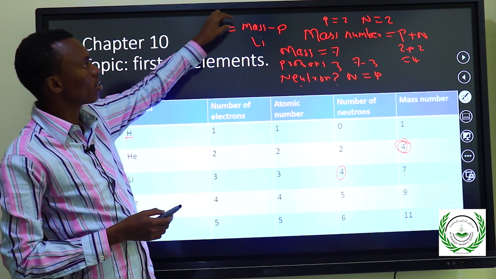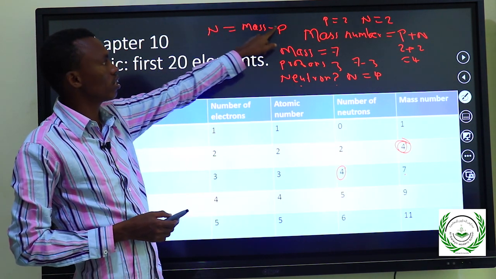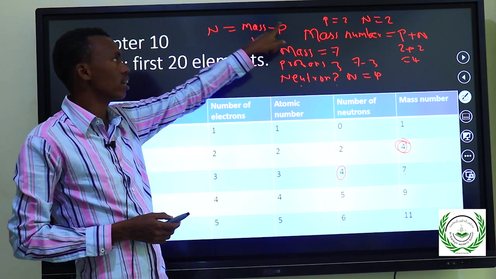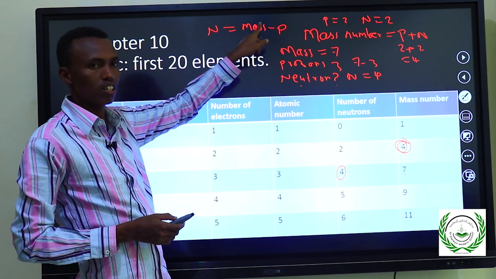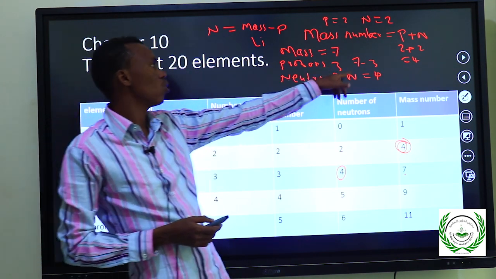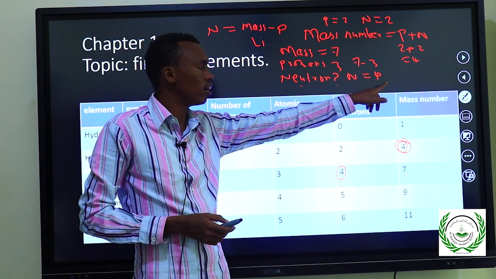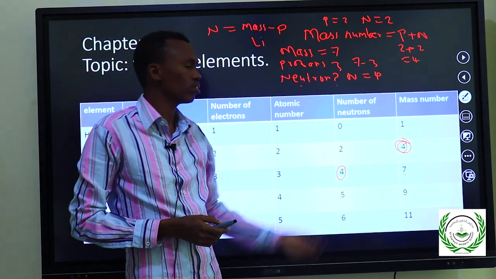Waxaan ka jaraynaa mass number-ka of lithium ama any element number of protons, okay, marka subtraction-ka ama the difference-ka wuxuu noqonayaa the number of neutrons. So for example, 7 minus 3, the difference is 4. So this 4 is the number of neutrons.